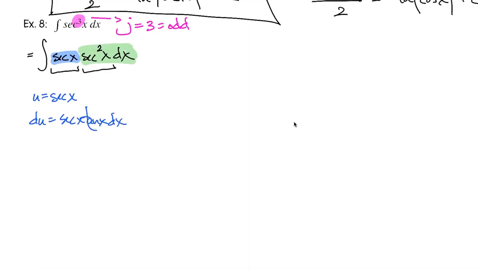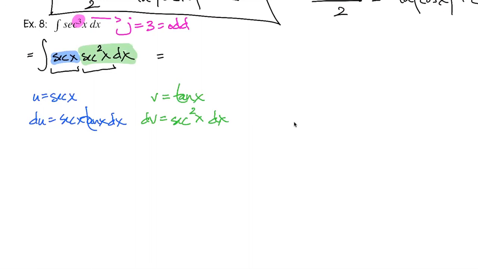All right, so u equals secant, du equals secant tangent. dv equals secant squared x, which is so nice because the integral of secant squared is tangent, okay? And so now we're going to put these into our integration by parts.